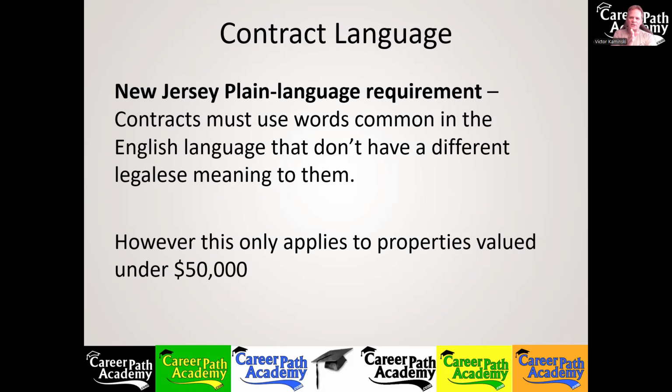Because there are some words in the English language that also, in the eyes of the law, have a separate legal meaning. So we have to use plain language with words that don't have separate legal meanings. They've got to be easy to understand by anybody. However, this requirement only applies to properties valued under $50,000. Not a whole lot.